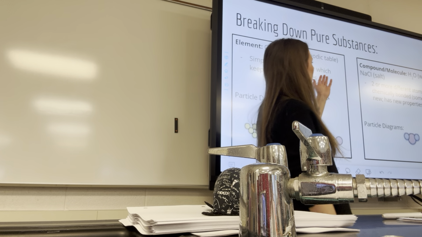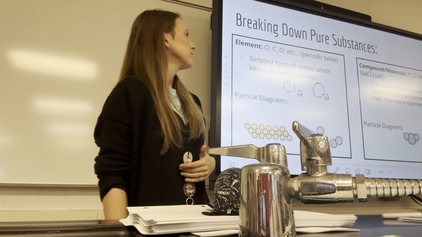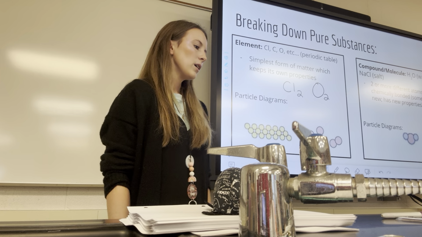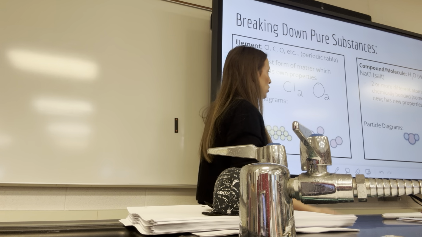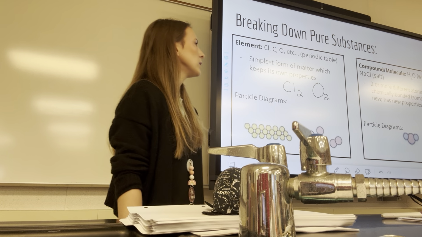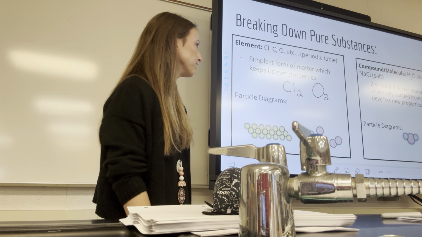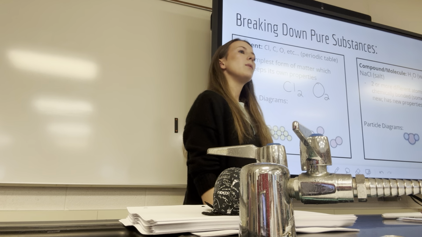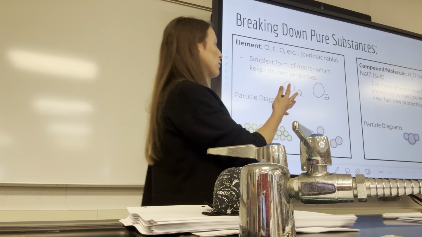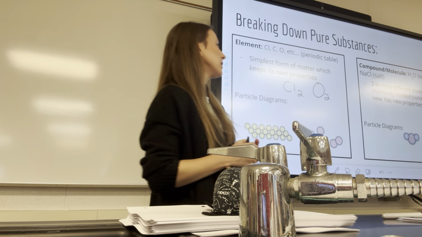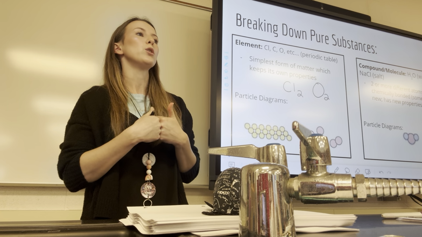Moving on to compounds and molecules. The examples that I put up there are H2O, water, and NaCl, which is salt, or your common table salt. So a compound or a molecule is going to be two or more different atoms that are chemically bonded. So something new is happening when they're put together.